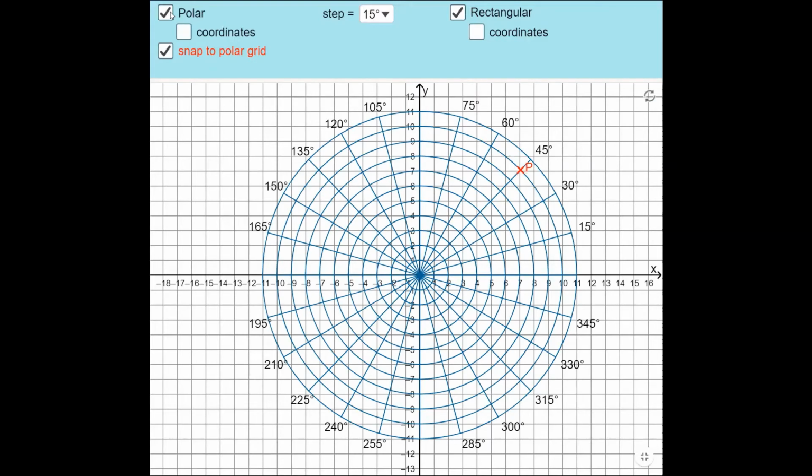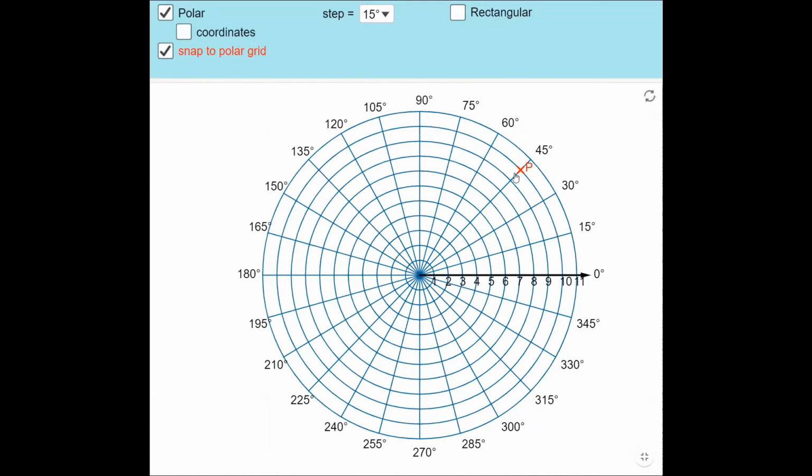And when we look at it from the polar coordinate, this angle is 45 degrees, and look at the radius. It is 1, 2, 3, and the point lies at 10. Then the point shows r is 10 and the angle is 45.